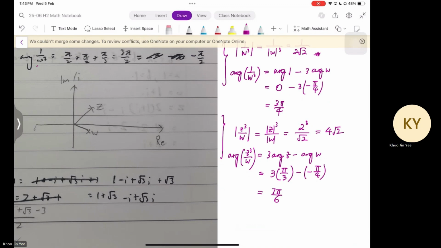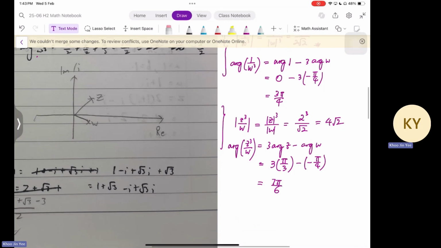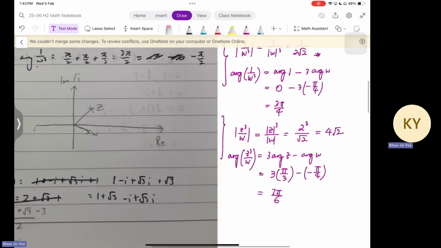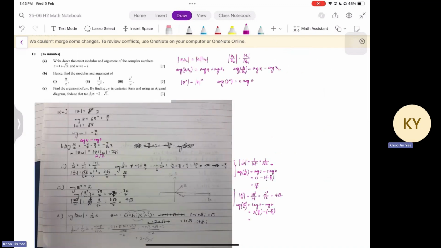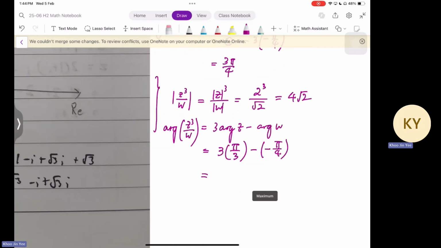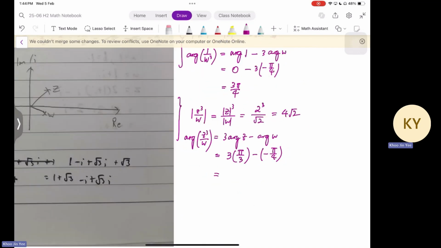No. 5 pi over 4. Wait, what's the argument of z? No, teacher, the answer behind is negative 3 pi over 4. Wait, what's this again? Isn't this 5 pi over 4? Okay, correct.